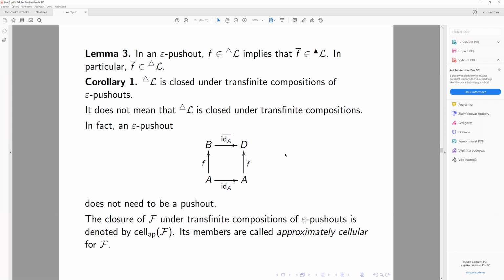That's like with injectivity. Any morphism to the colimit factorizes through something. So you have this epsilon factorization.